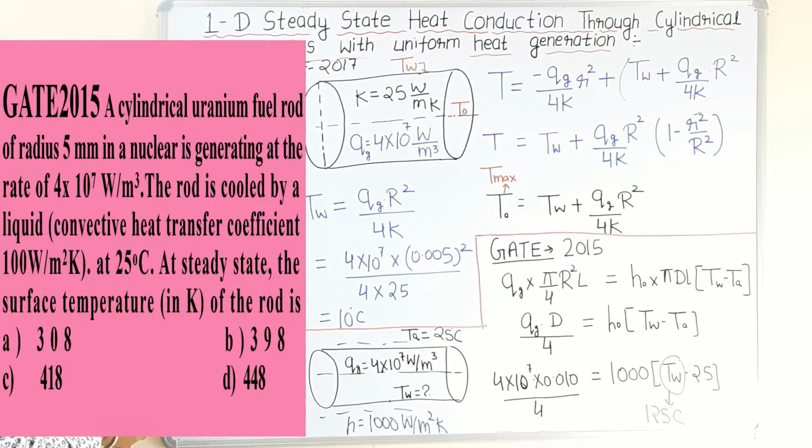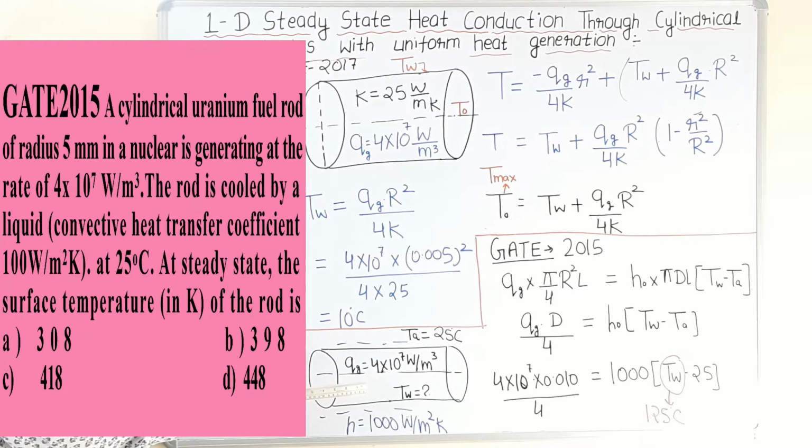Now we are going to discuss the problem from GATE 2015. According to the problem, a cylindrical uranium fuel rod of radius 5 mm in a nuclear reactor is generating heat at a rate of 4 into 10 to the power 7 watts per meter cube.